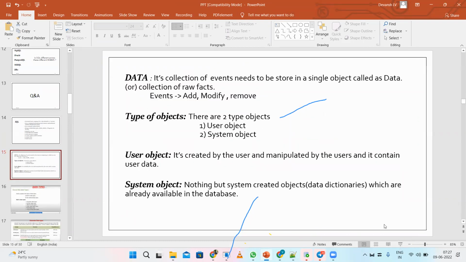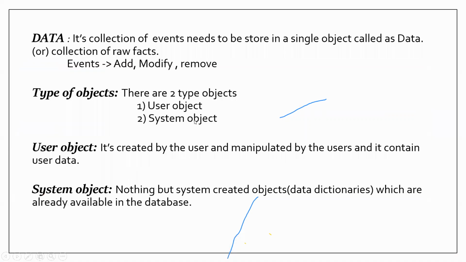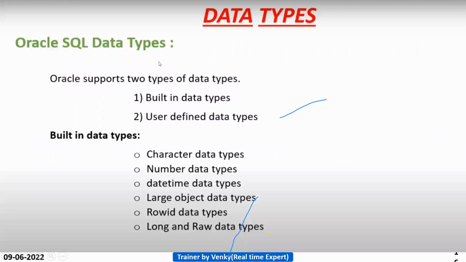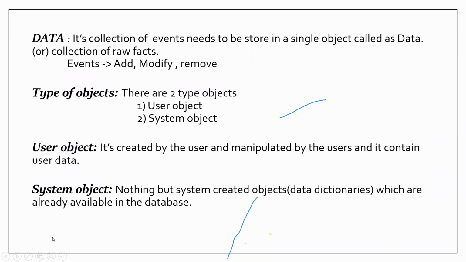So now, you know, right? Data is a collection of events. The collection of events needs to be stored in a single object called data, or else a collection of raw facts.